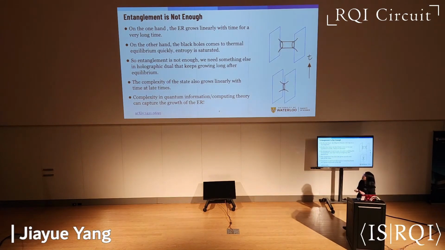But we also know that the black hole entropy becomes a constant very quickly, and the entropy is saturated. So we need something else to capture the growing geometry of the wormhole. So Susskind proposed that the thing that we need is complexity.